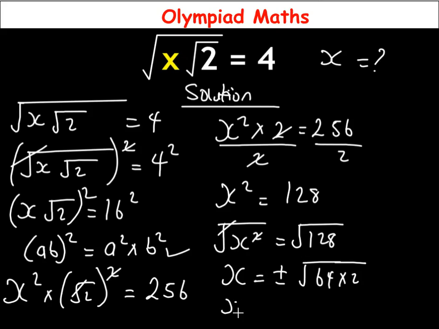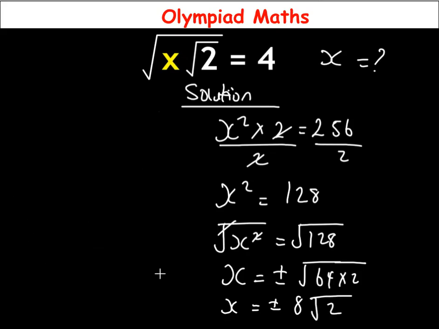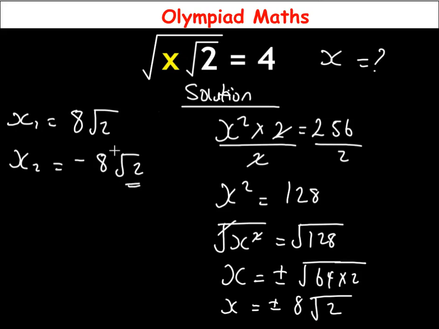So x is equal to plus or minus √64 · √2, the square root of 64 is 8, so x1 is equal to plus 8√2, and x2 is equal to minus 8√2. So these are the solutions for x.